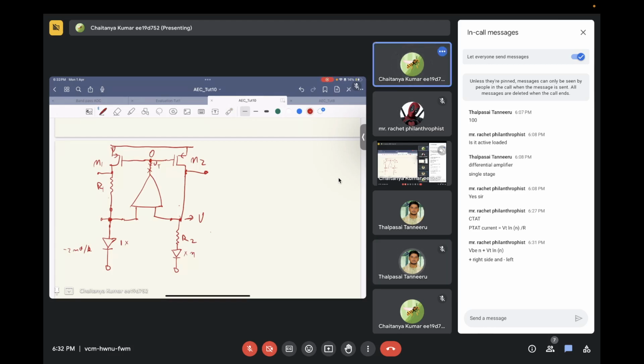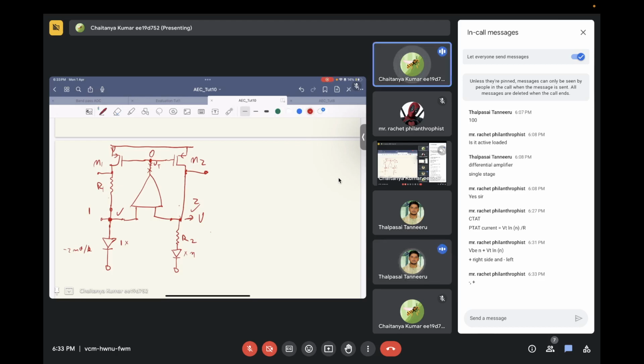Now, which of these two voltages will be higher? What will be the sign at node one and node two? If this is V test, a small signal voltage. Yes, sir. Left side MOSFET one diode, right side many diodes, so the right side will be inverting, sir.